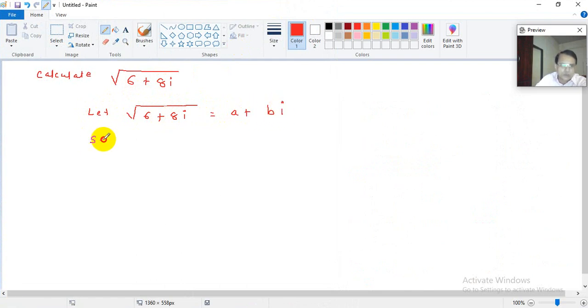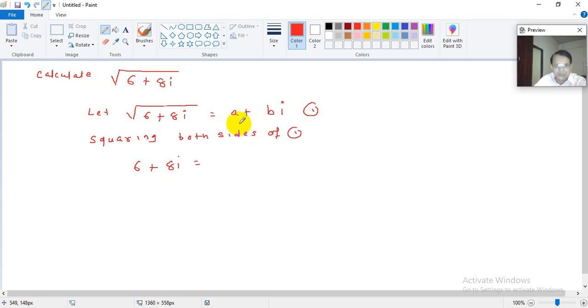Now squaring both sides of 1, we will take this as 1. What will be the square of this? This is root of 6 plus 8i, its square will be 6 plus 8i. And on this side, you know the square now. In the previous theory, we have written a plus bi.